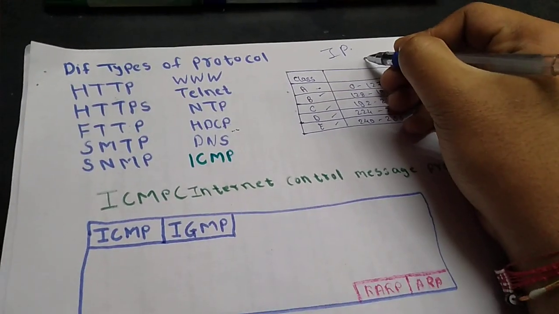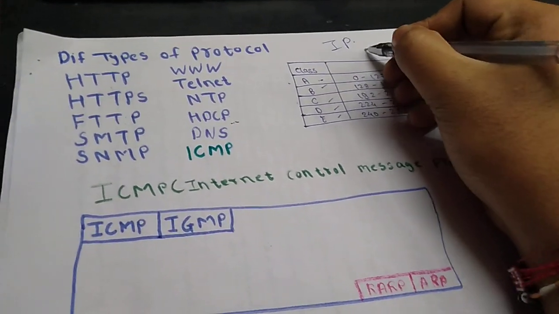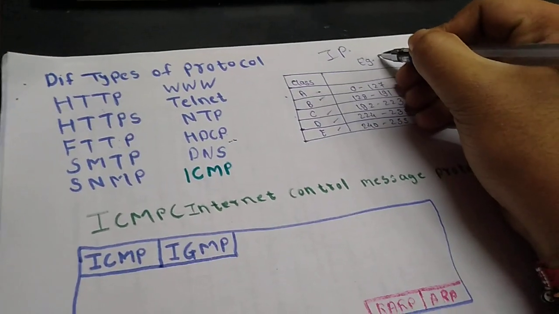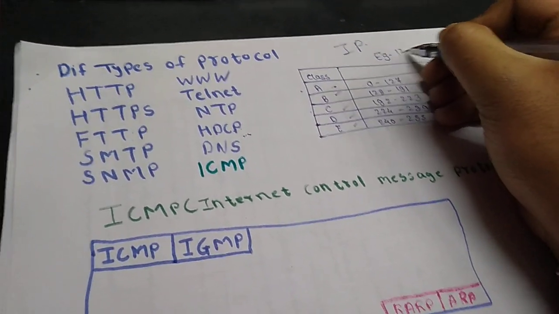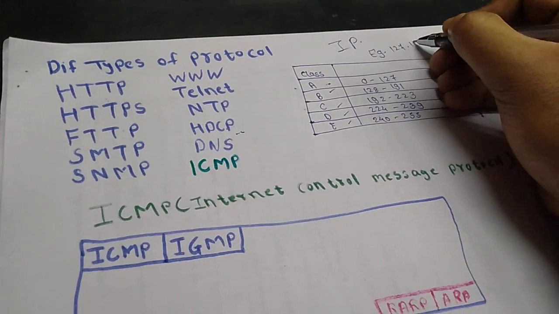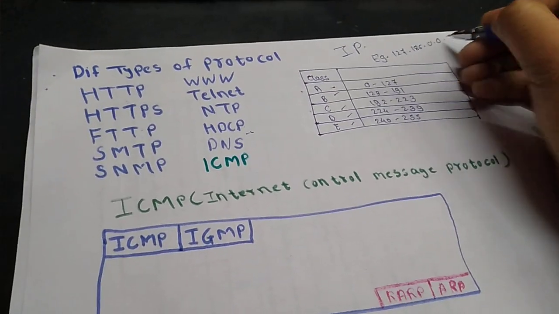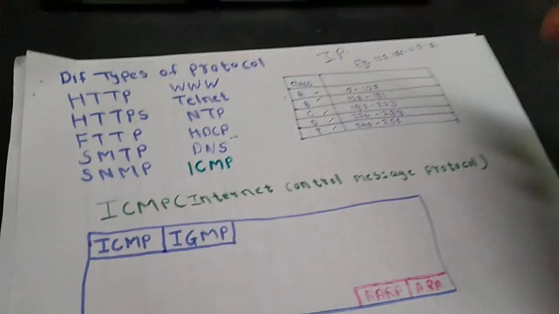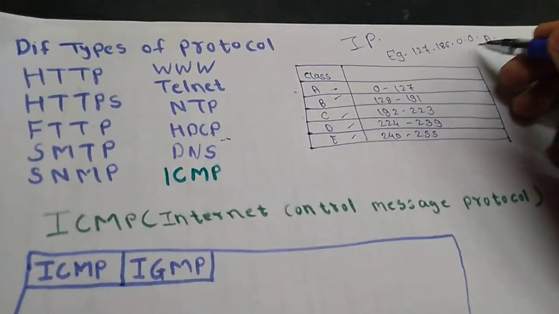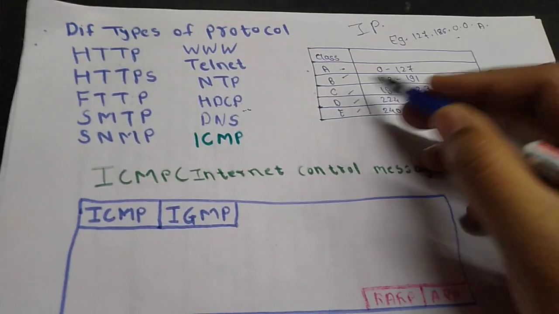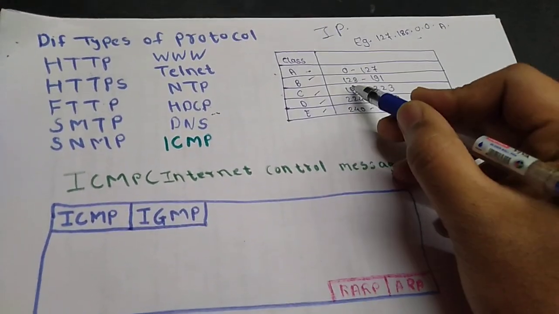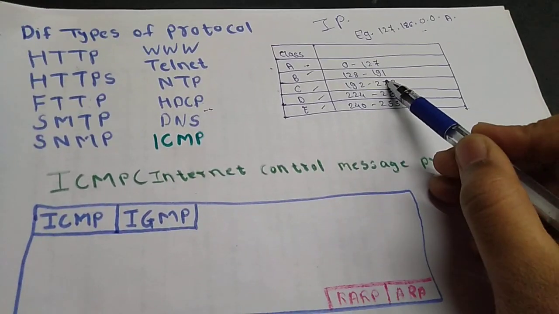For example, 127.0.0.0 is your first class, the A class. It is not normally used. Then the second class is B, 128 to 191.